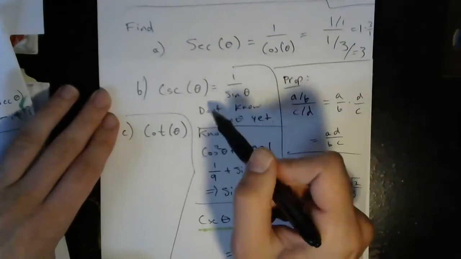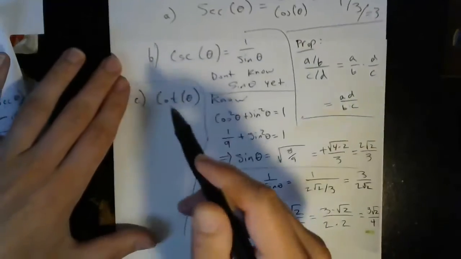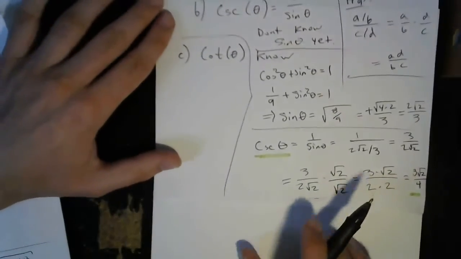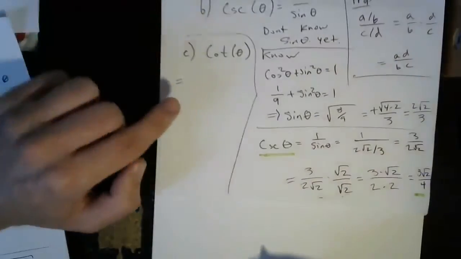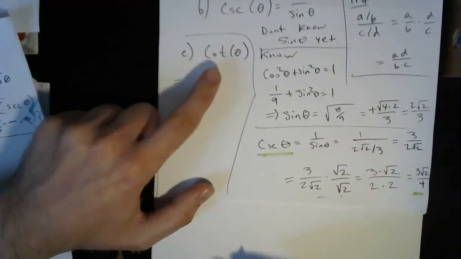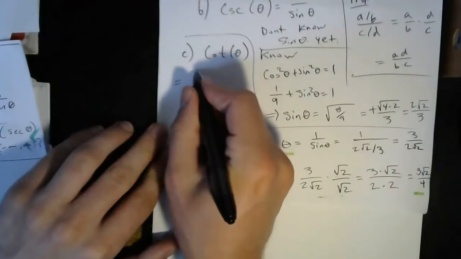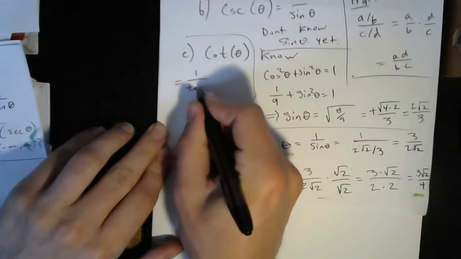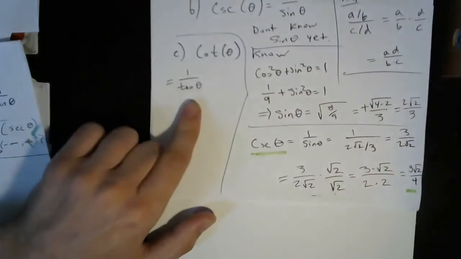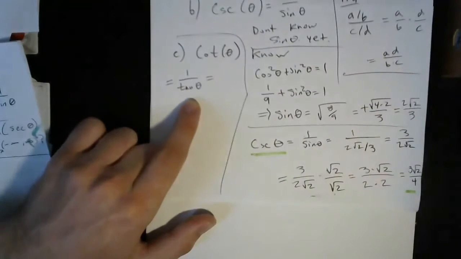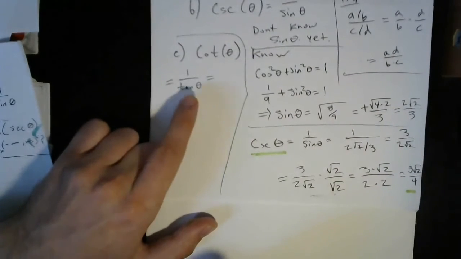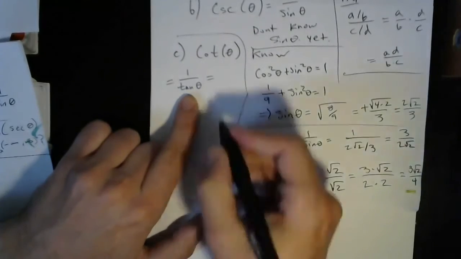So for secant and cosecant, we're just using the definitions. Finally, cotangent. Well, cotangent is 1 over tangent, right? So it's a reciprocal of tangent. But there's another way to think about this. We know that tangent is sine over cosine.